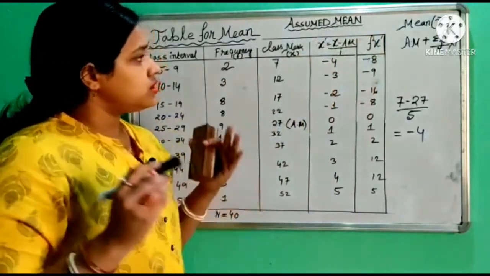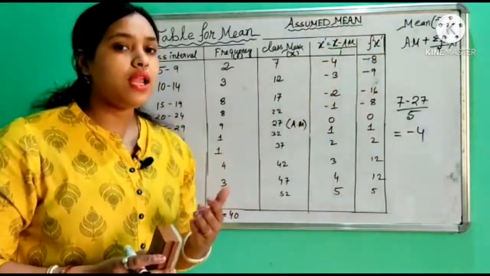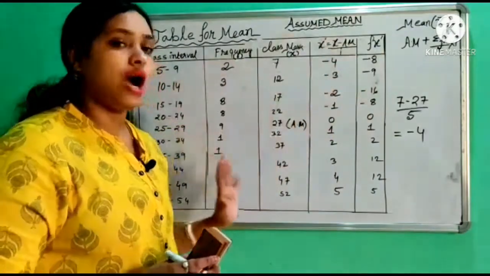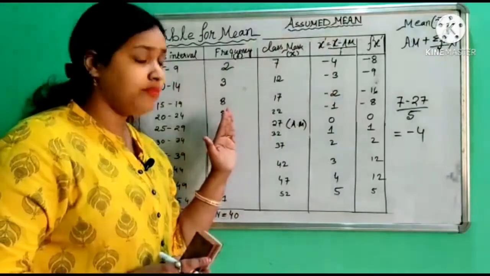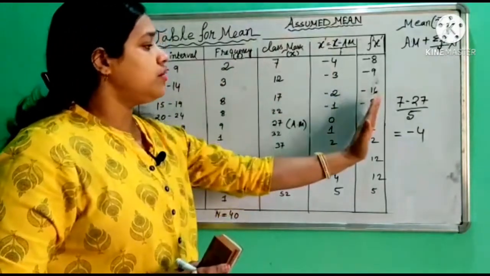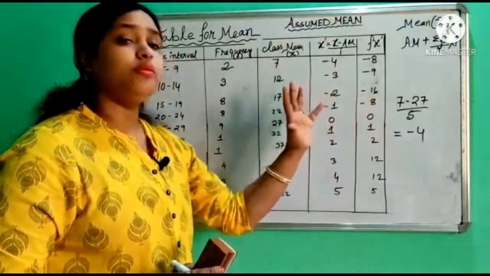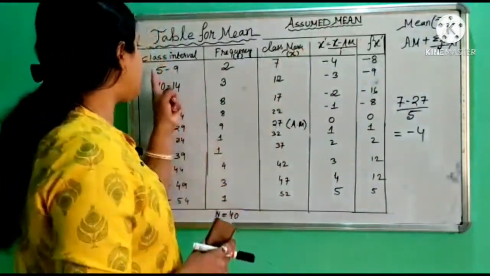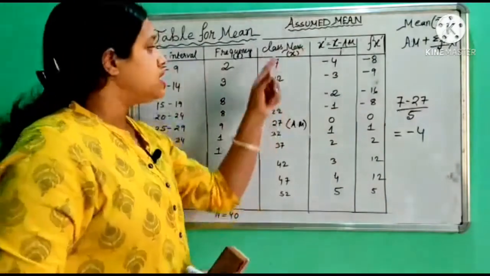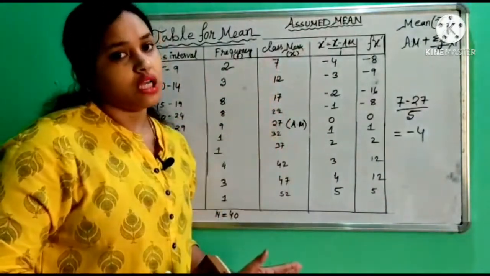So now dear student, you are well aware of how to calculate the table. First of all, these two columns are given in your exam. Now these three columns you have to arrange. The first one is class mark. How to calculate the class mark? 5 plus 9, divided by 2, and you find all the class marks.